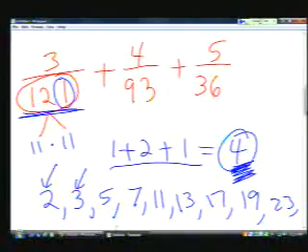All right, let's see if we can do 93. Is 93 divisible by 2, Jonte? No, it is not. Is it divisible by 3, Courtney? Yes, it is. See, 9 plus 3 is 12, so it is divisible by 3. So I think the answer is 31.